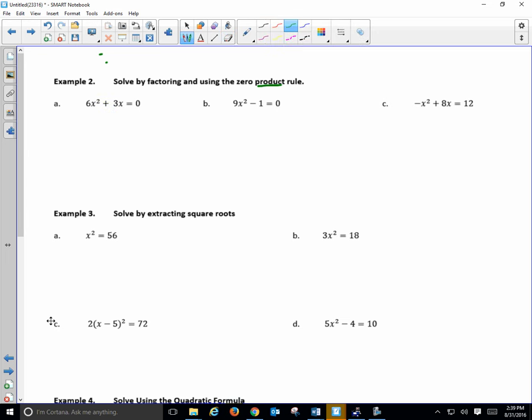9x squared minus 1 is equal to 0. Do you remember how this factors? Difference of 2 squares. What do you multiply to get 9x squared? 3x times 3x. What do you multiply to get negative 1? Positive 1 and negative 1.